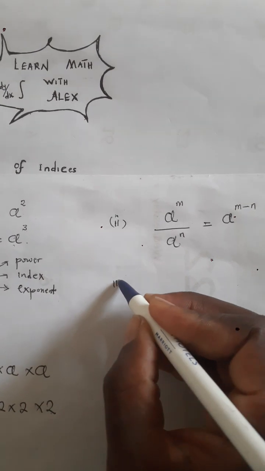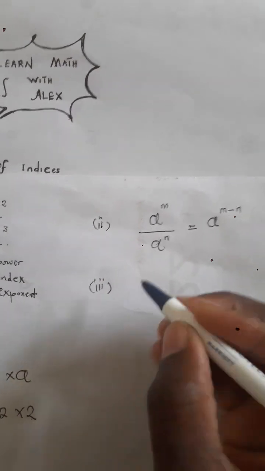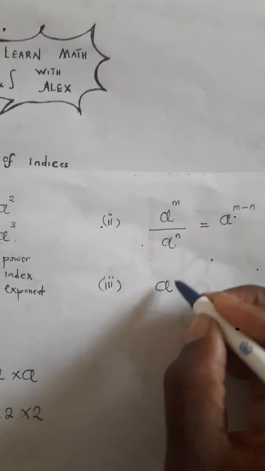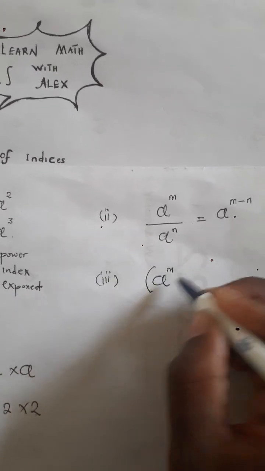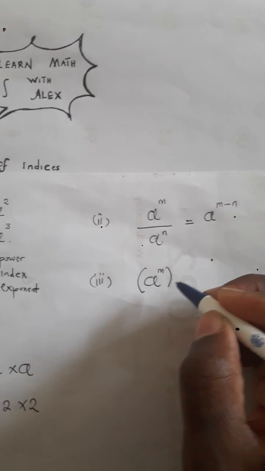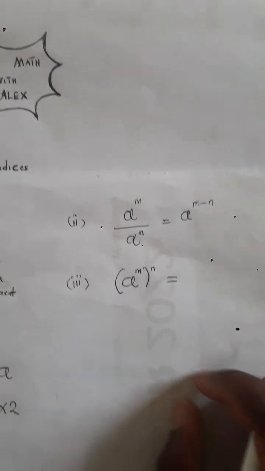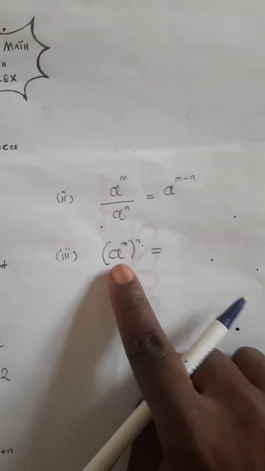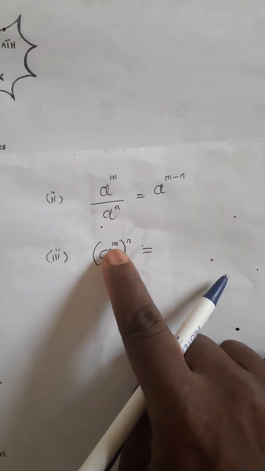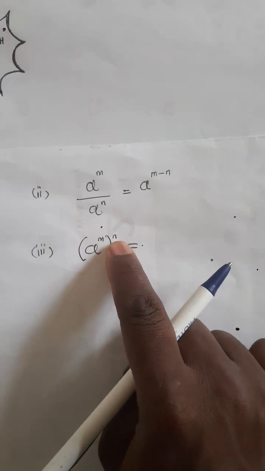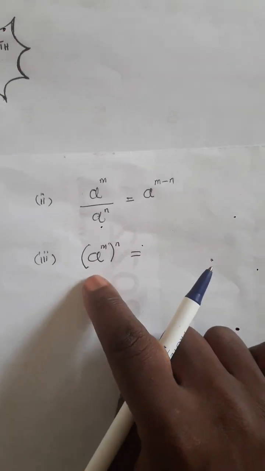So let's move on to our third law. Let's say I have a to the power m, again raised to the power n. This is usually called an index of an index. I have this base raised to a power, and everything here is again raised to another power n. How do you handle this situation?